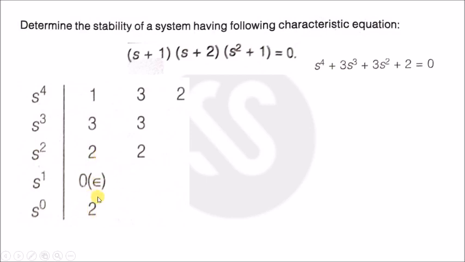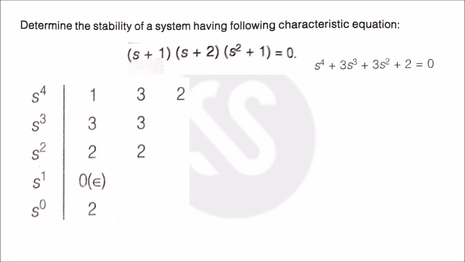So is this stable or not? This can be stable if all the first column elements have the same sign. Here positive, positive, positive. This is 0, this is 2. So we consider this epsilon to be a small positive number, so that for a small positive value the system has to be stable.